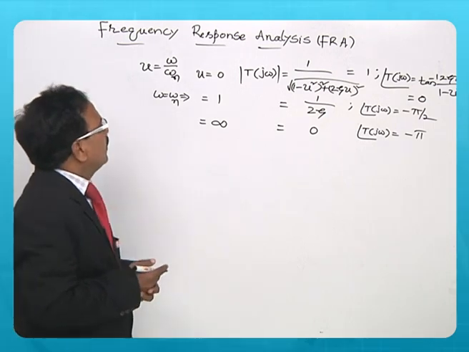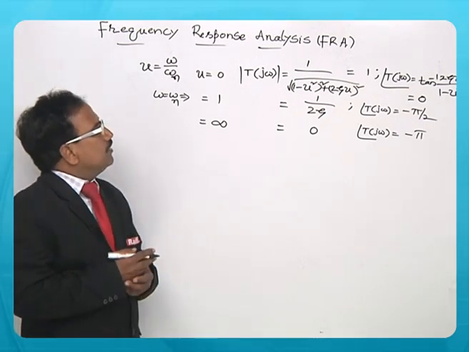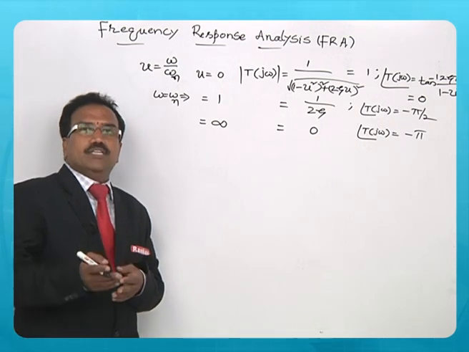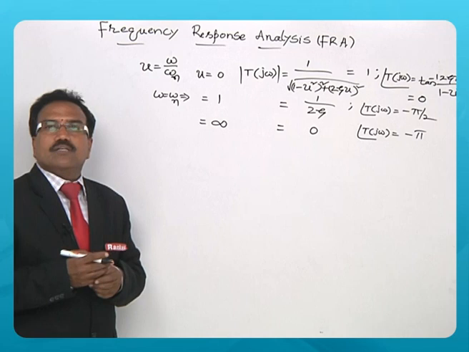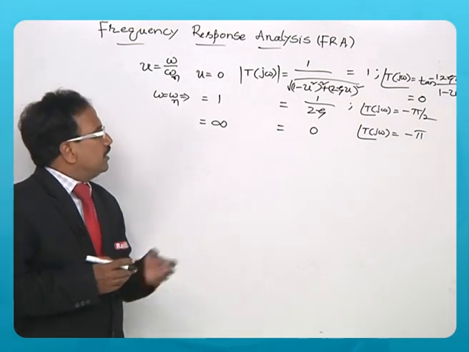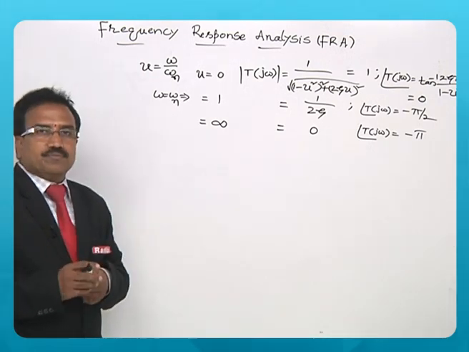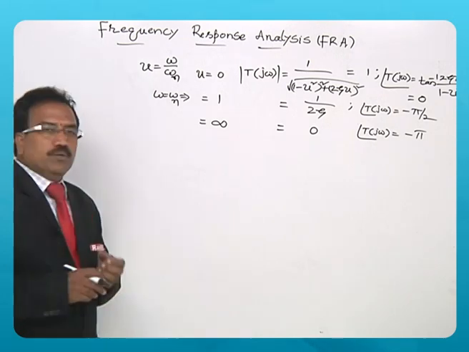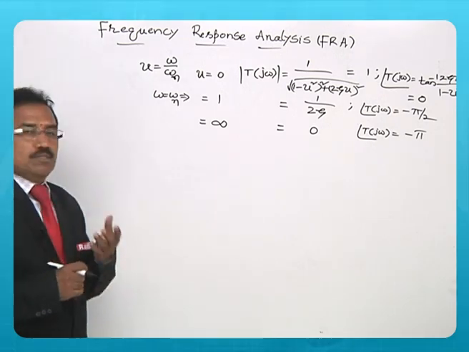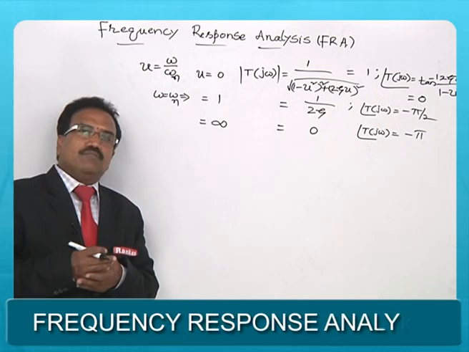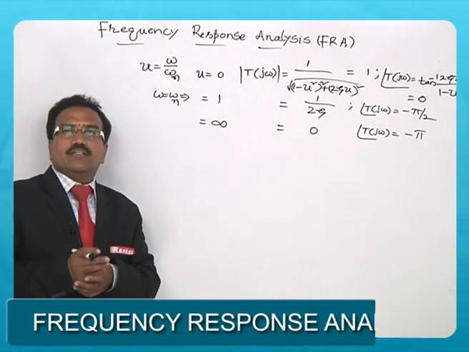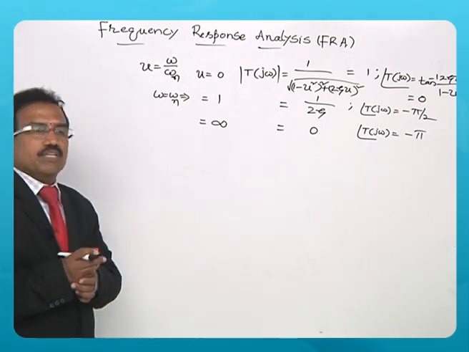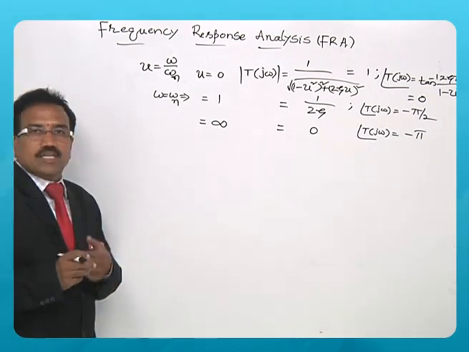So this is the way the frequency response in terms of magnitude and phase angle variation, for variation in omega or variation in normalized signal frequency, can be obtained. Now if I want to get the resonant peak, bandwidth, resonant frequency, etc. in terms of zeta and omega n, similar to time domain specifications, I must take the magnitude.